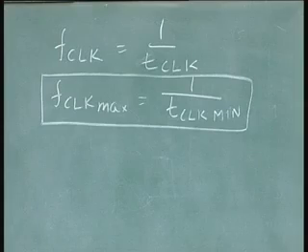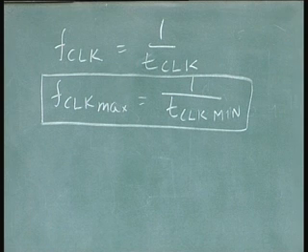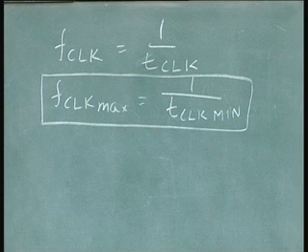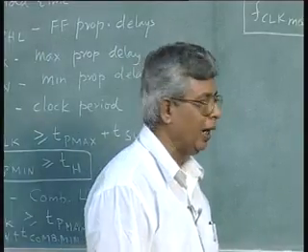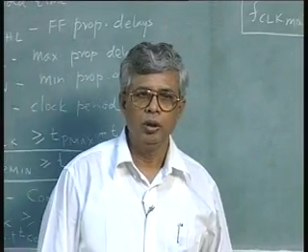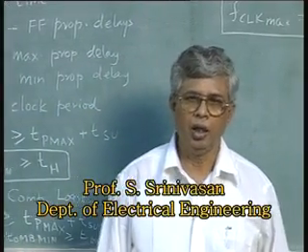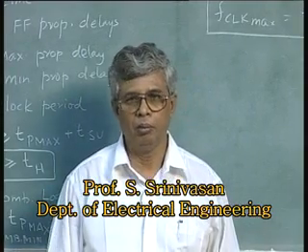So, we have seen the different types of flip flops and the clocking requirements, the frequency of the clock and the maximum frequency at which you can operate the flip flop, etc. Now, let us see how we use these flip flops in sequential circuits. As I said earlier, no circuit is entirely combinational.